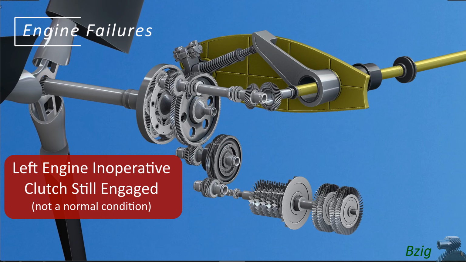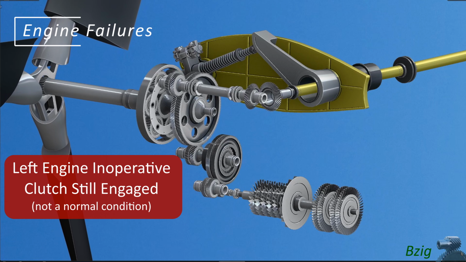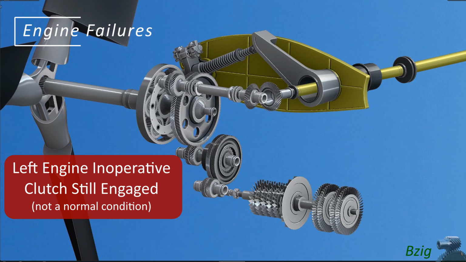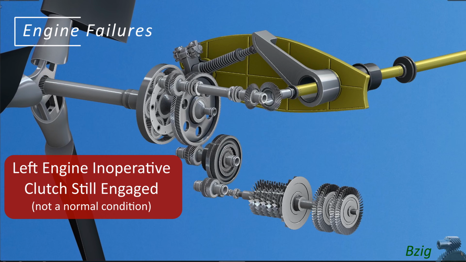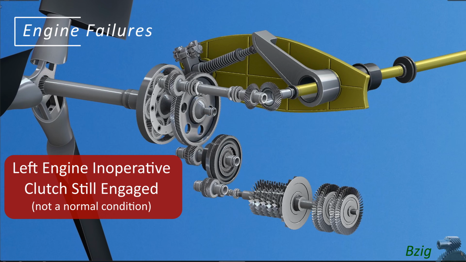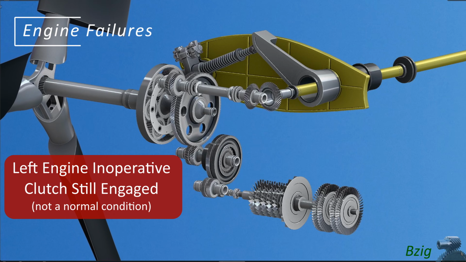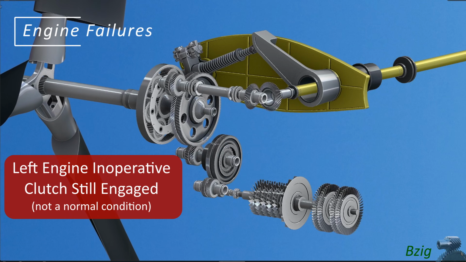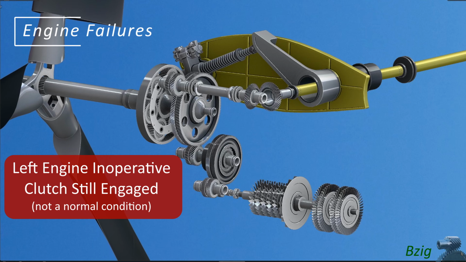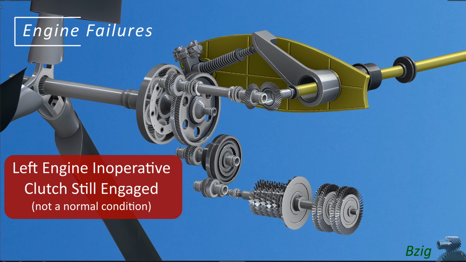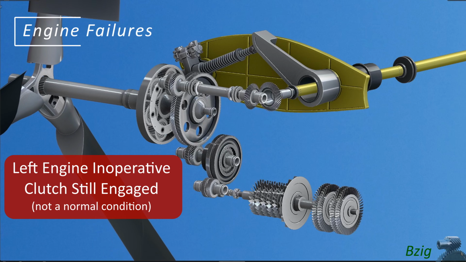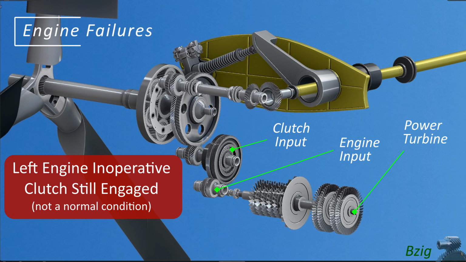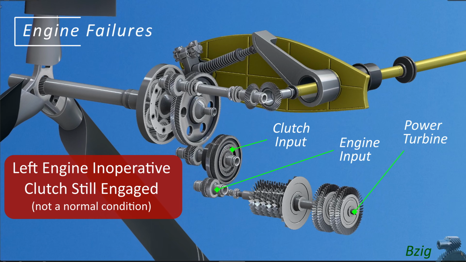I'll now fail the engine, and a quick note on the animation. Normally when the engine fails, the clutch would immediately disengage, maybe within a few milliseconds. For instructional purposes, I'm showing a lengthened version of that moment in time after the engine failure, but before the clutch disengagement. Here the gas generator has stopped rotating, but all of the Proprotor Gearbox gears and the engine power turbine continue to rotate.